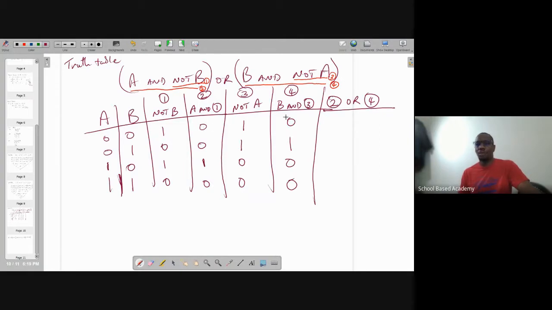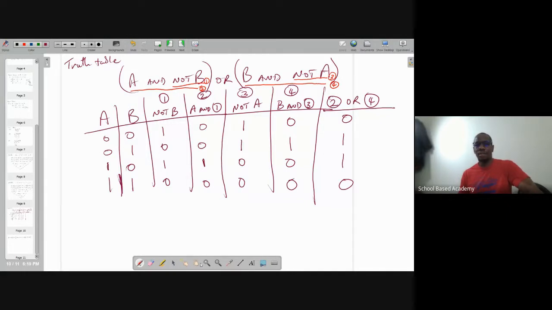We get 0 or 0, which is 0. 0 or 1, which is 1. 1 or 0, which is 1. And 0 or 0, which is 0. So the result, the truth table result for this expression is 0, 1, 1, 0. And that is based upon the input combinations.